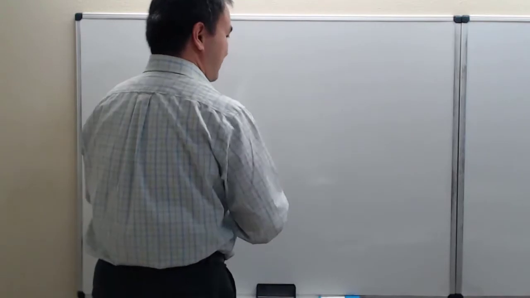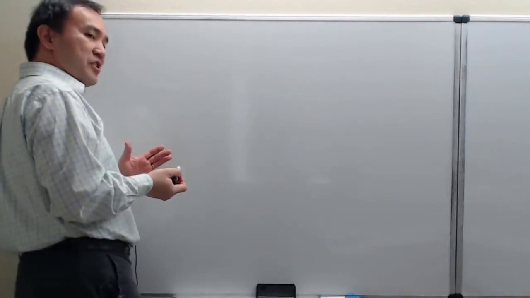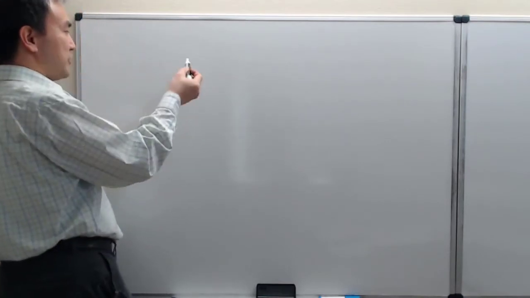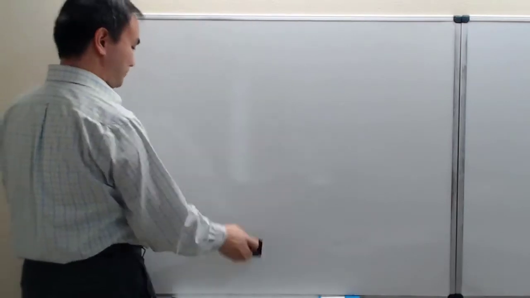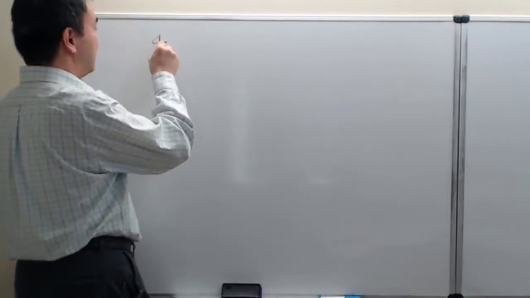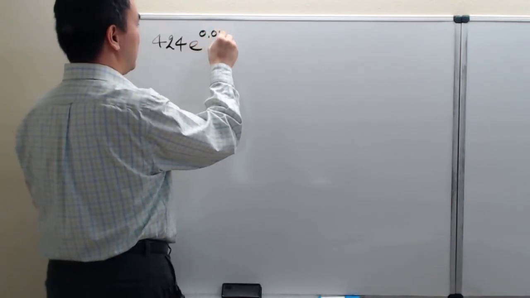Our general derivative, our general instantaneous rate of change for future value, is 424 e to the 0.053t.